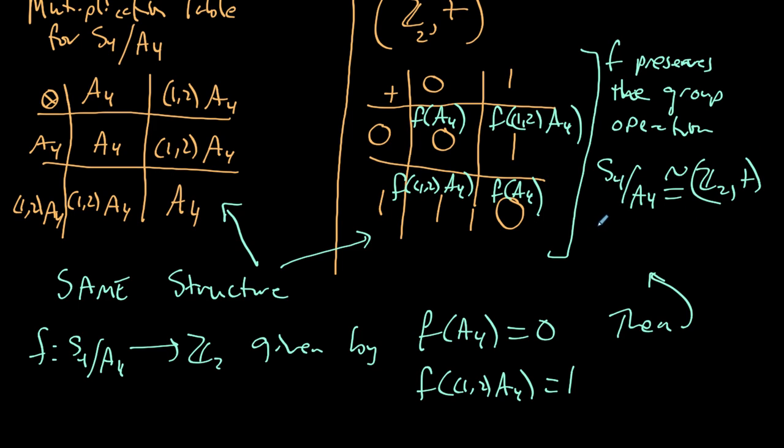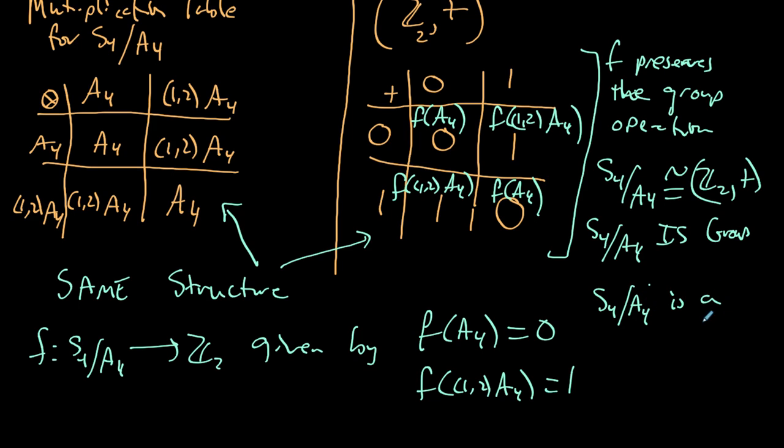And that's enough to say that S4 mod A4 is indeed a group. In fact, if we get rid of this mark that we no longer need, we can even go as far as saying that S4 mod A4 is an abelian group.